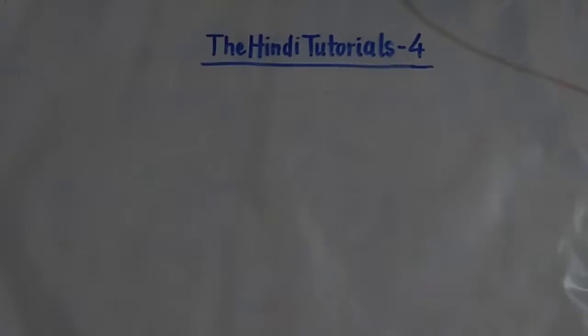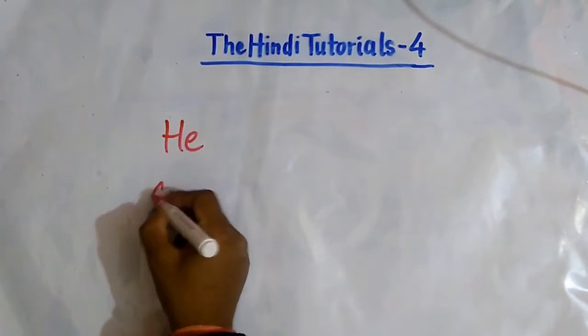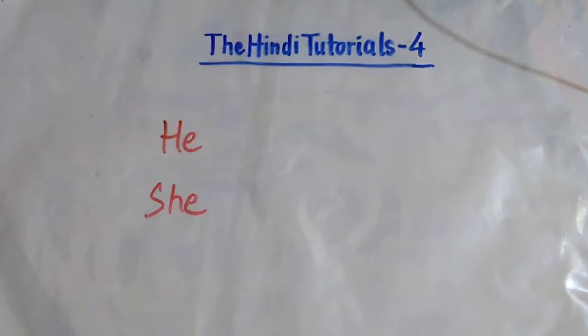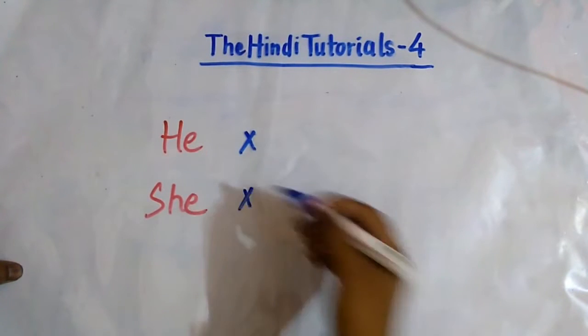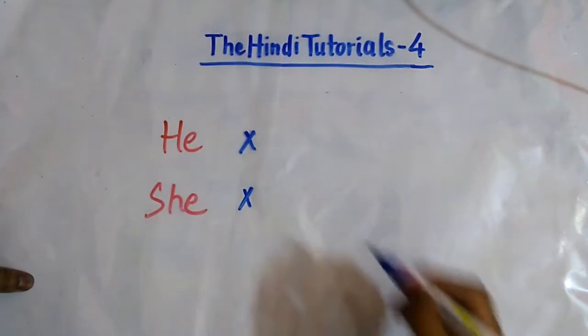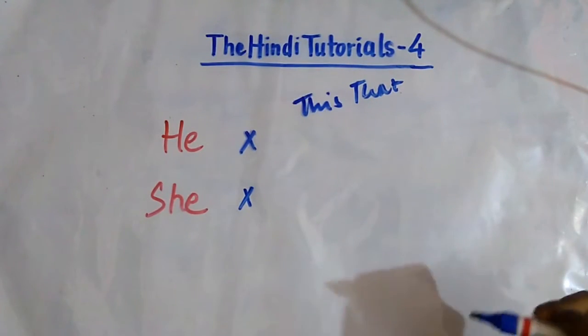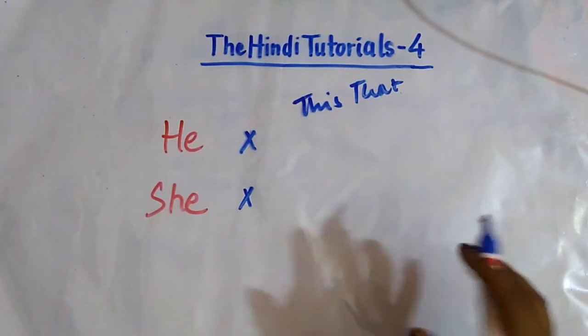ठीक है? Now this time we will go a bit reverse. I will take these two words, he and she. Actually, there are no words in Hindi for he and she. We rather say words equivalent to this and that. And the usage depends upon how far the person is standing.